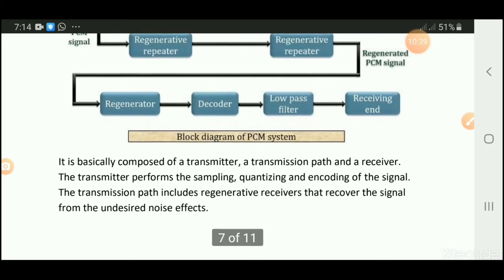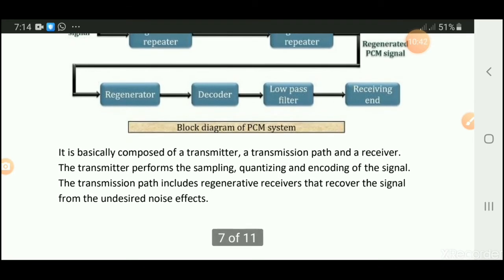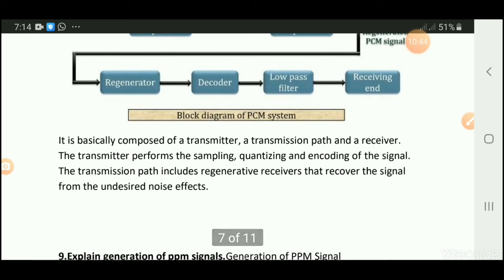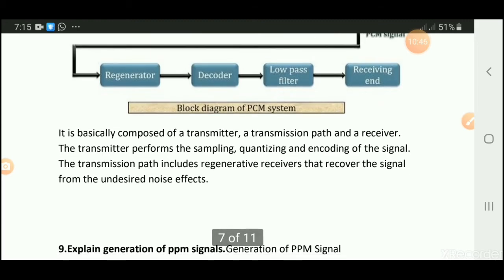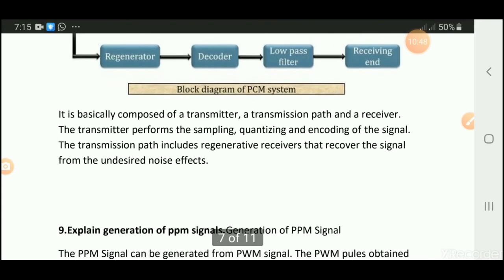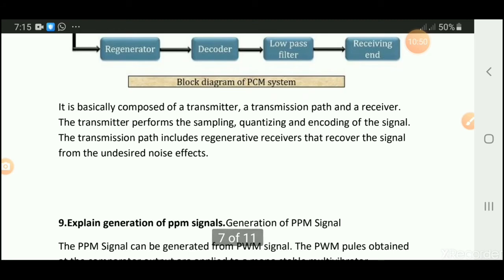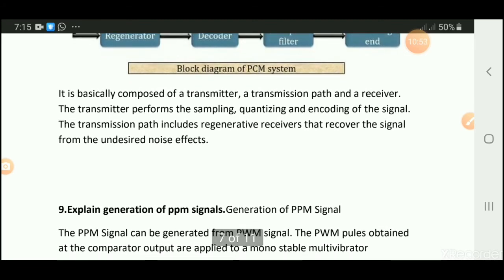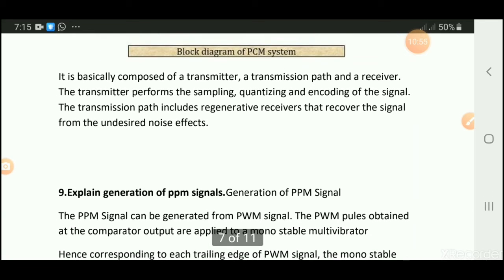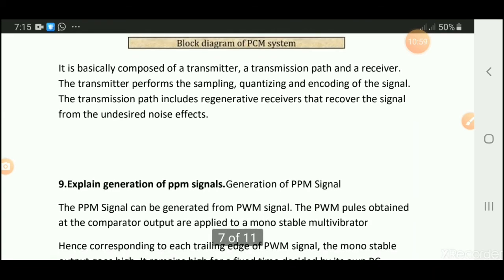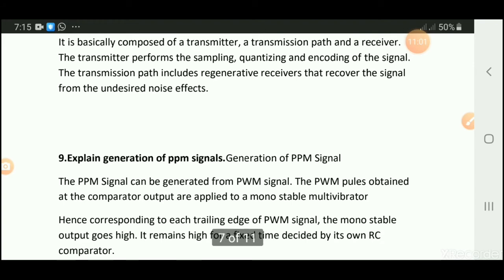It is basically composed of a transmitter, a transmission path, and a receiver. The transmitter performs sampling, quantizing, and encoding of the signal. The transmission path includes regenerative repeaters that recover the signal from the undesired noise effects.